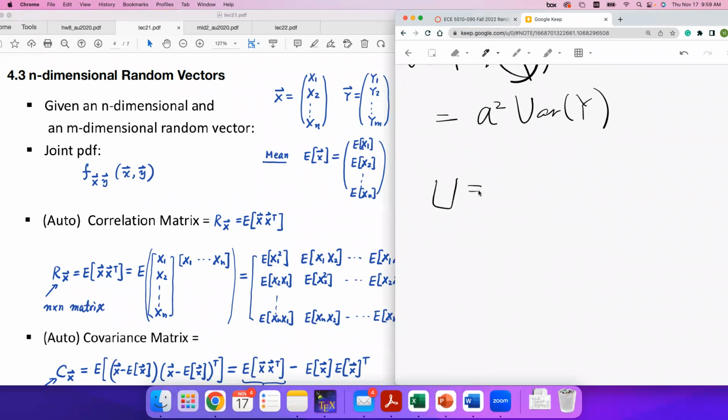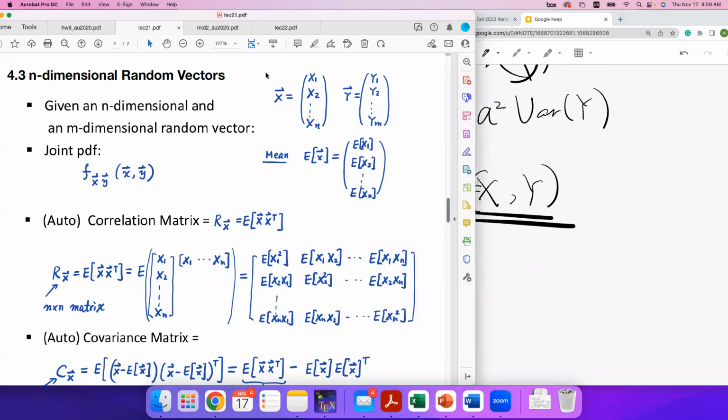We know how to compute the PDF and CDF. So everything was about up to a pair of random variables, basically two.